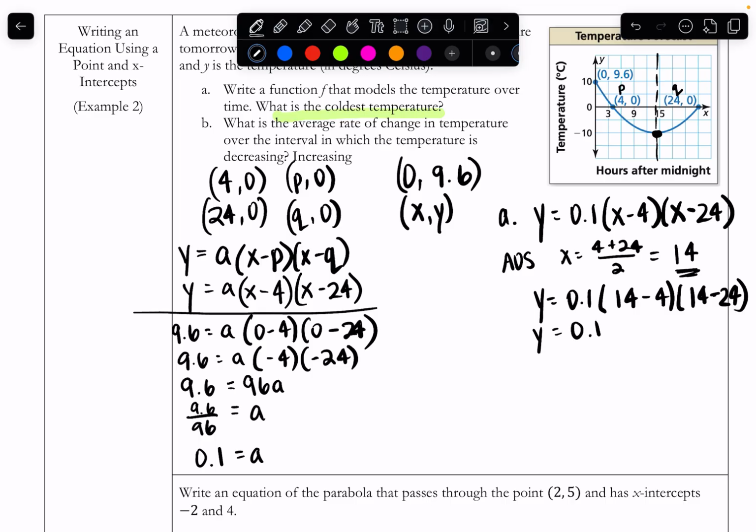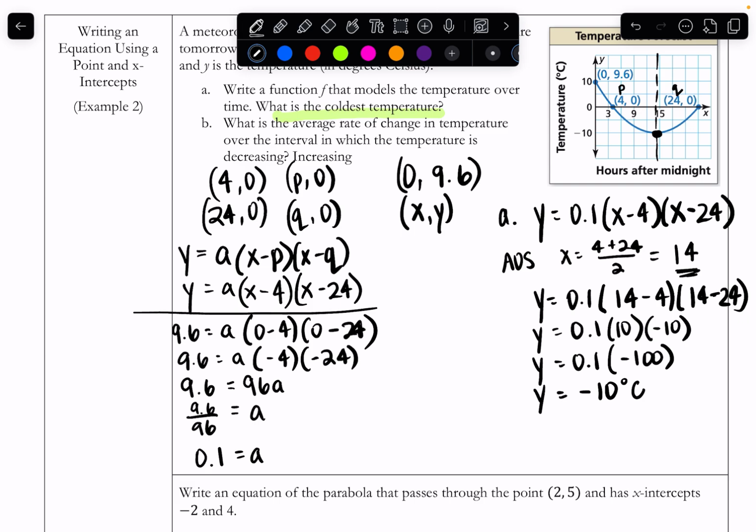So 0.1 there, 14 minus 4 is 10, 14 minus 24 is negative 10. So I have 0.1 times negative 100, which is negative 10 degrees. Let's make sure we put our units. We're in Celsius. So that is our final answer to the rest of part A. The coldest temperature is 10 degrees below 0.